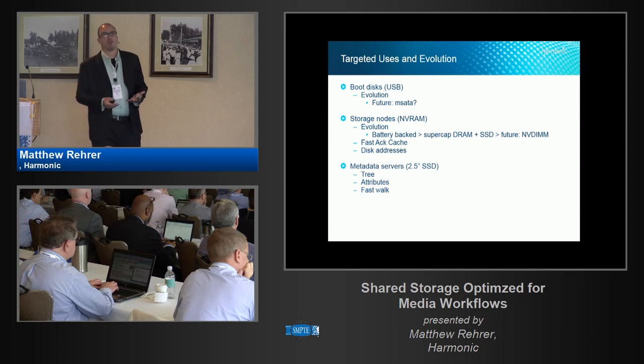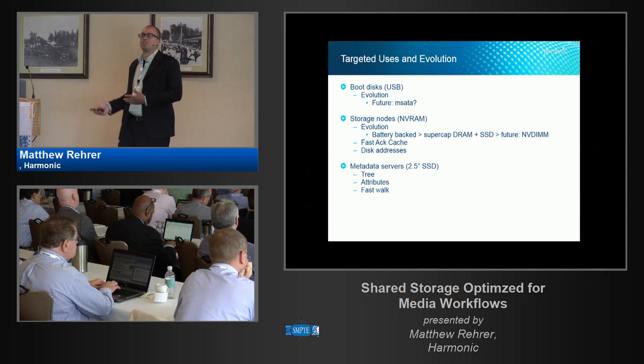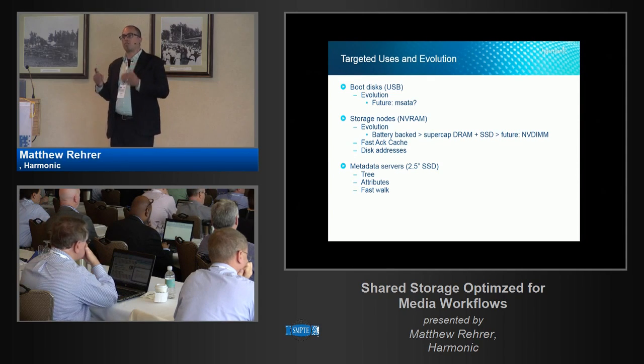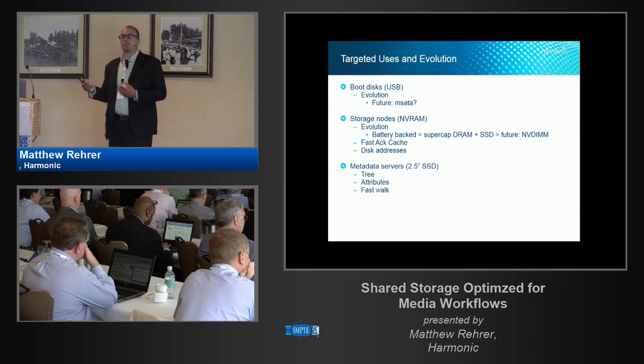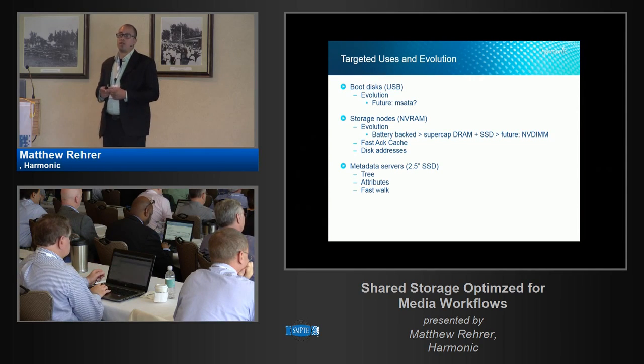The nice thing about the 2.5-inch devices is, as we were talking about earlier, when you ride this IT curve, these commodity components actually reduce in cost, and that's something that we can always pass on, either in the form of higher capacities or lower costs for the same capacity, and it provides a nice unit of field replaceable component for something that we know is going to fail at some point in the future.